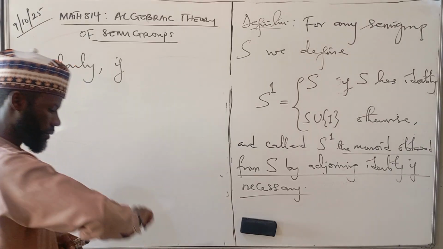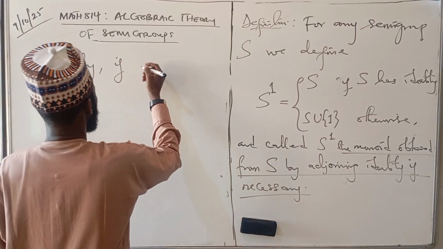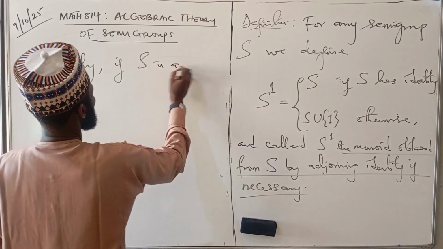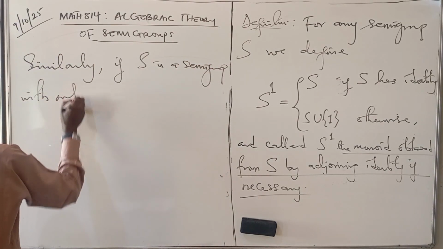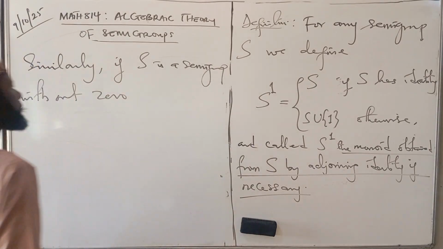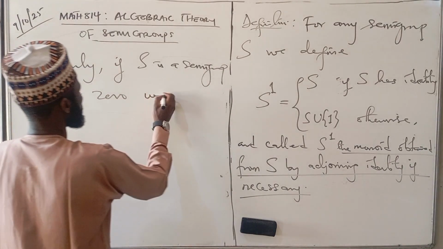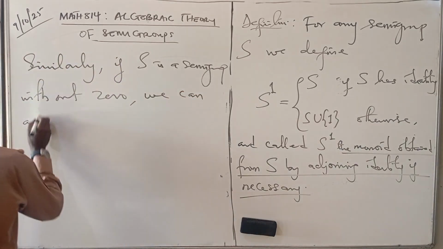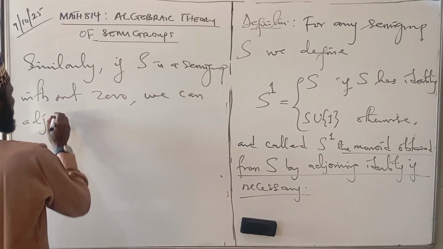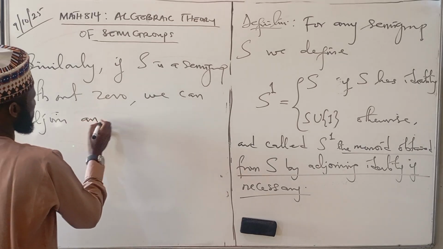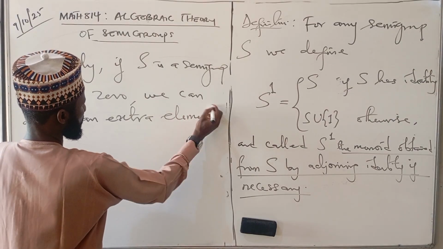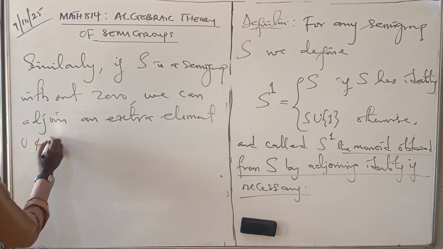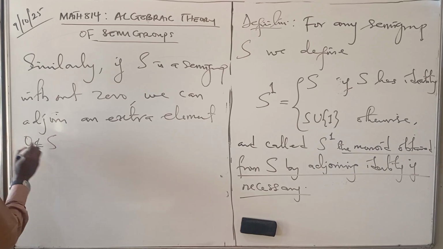if S is a semigroup without zero, we can adjoin an extra element 0, and this 0 we pick not from inside S, just an extra element we bring from there.